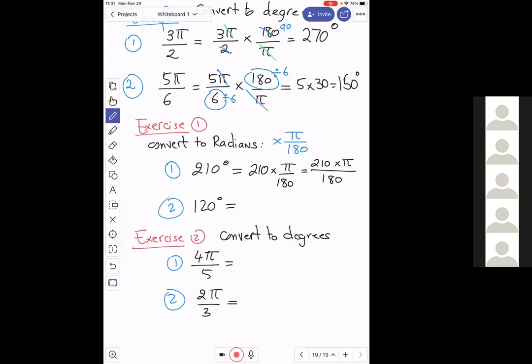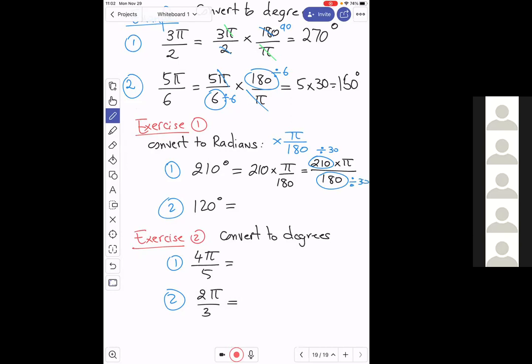You keep the pi, don't touch the pi, and then there's this 210 over 180, right? So the question is, how can you reduce 210 over 180? For example, 180 and 210 both are divisible by 30, right? 210 over 30 would be 7, 180 over 30 would be 6.